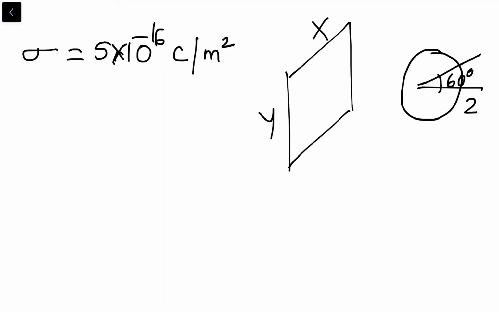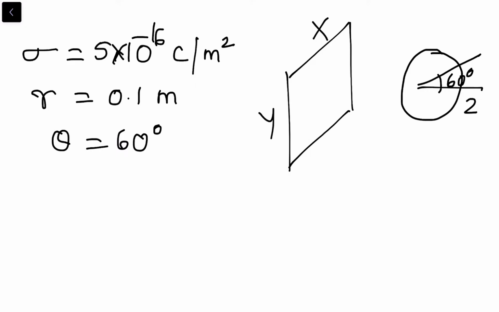Circular area radius r is equal to 0.1 meter. The angle it makes, theta, is equal to 60 degrees. This sheet is in the xy plane, and the circular sheet makes an angle 60 degrees with z.